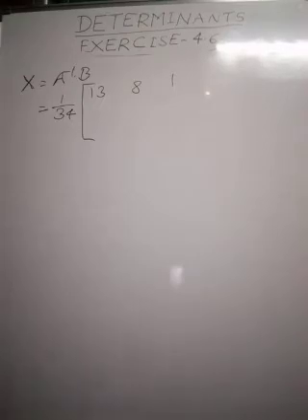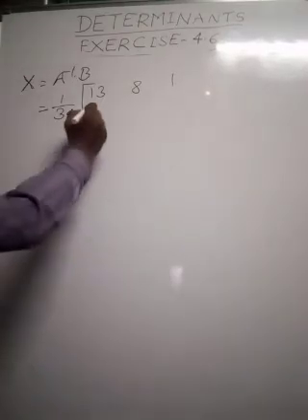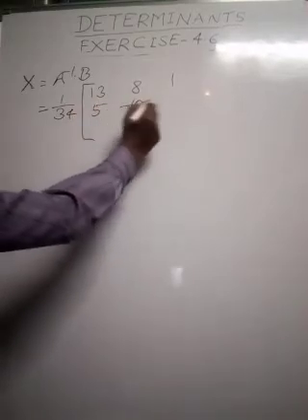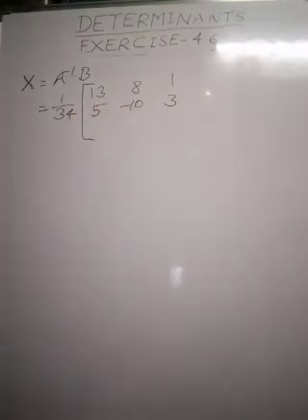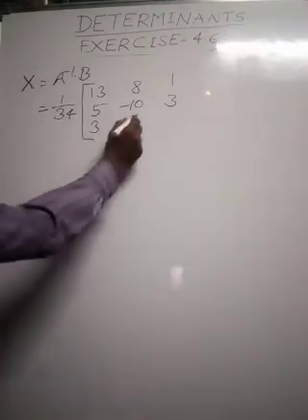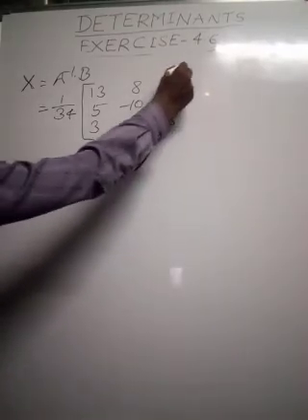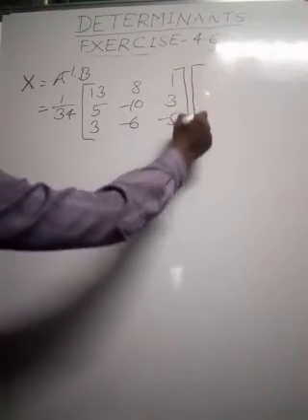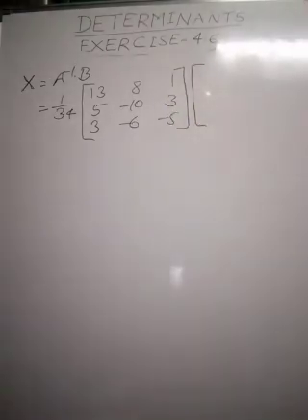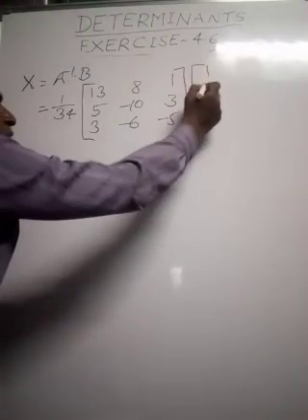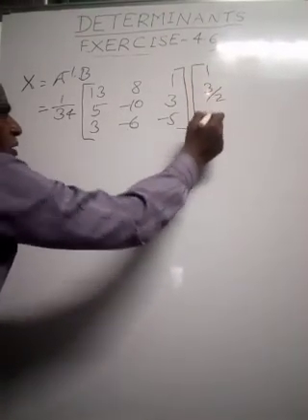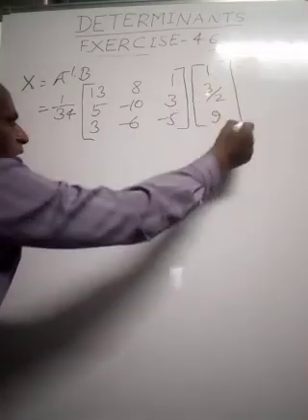What is the second row elements? 5, minus 10, 3. And what are the elements in the third row? 3, minus 6, minus 5, into, what is the matrix B here? 1, 3 by 2, 9. This is the matrix B.